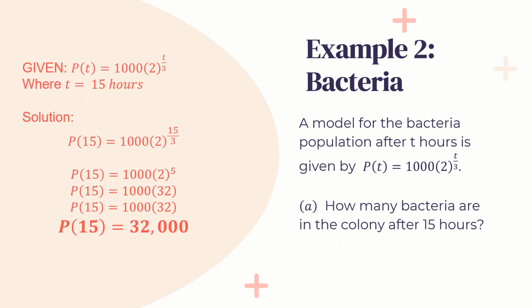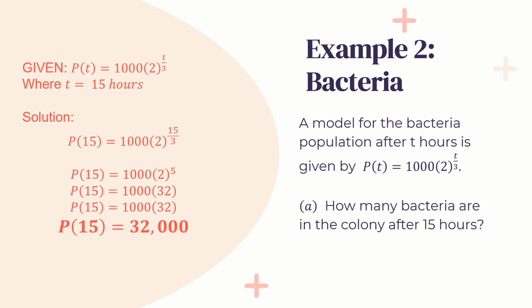So the first one we're going to answer, we'll be using P of t is equal to 1,000 quantity 2 to the power of t over 3, where t is 15 hours. That is the given. So directly answering it, P of 15 is equal to 1,000 quantity 2 to the power of 15 over 3. Divide 15 by 3, that is 5. So P of 15 is equal to 1,000 quantity 2 to the power of 5. Again, sir, question, what if we multiply 2 and 1,000 directly?